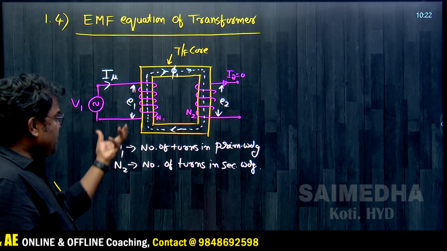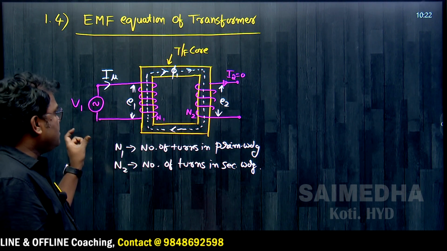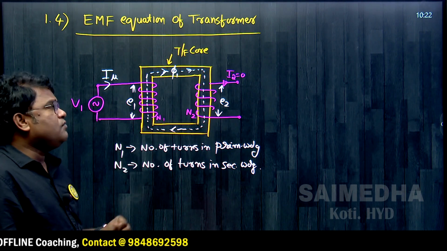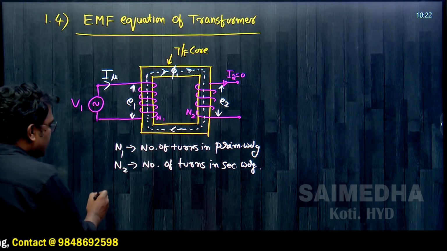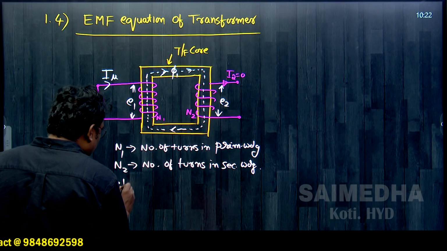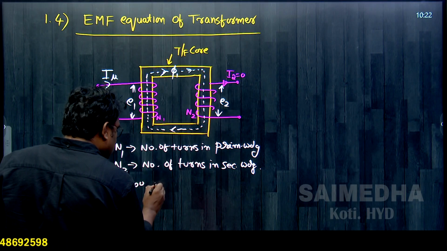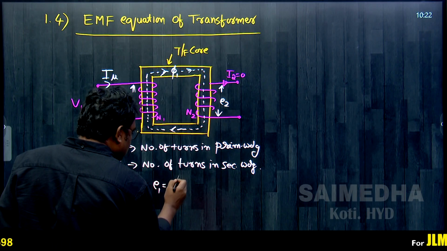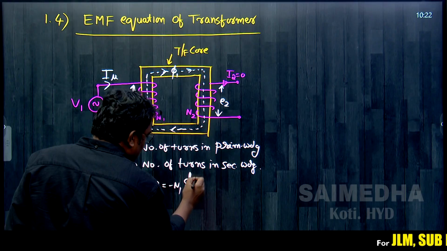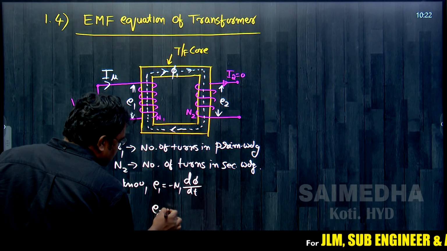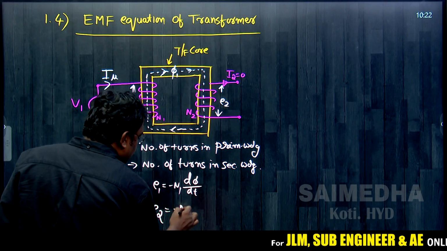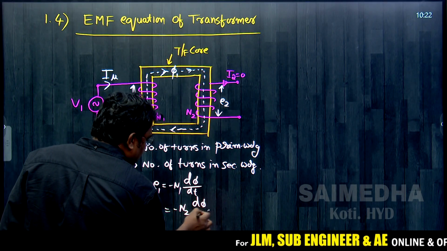We know the EMF equations: the EMF induced in the primary winding, E1, is equal to minus N1 d phi by dt, and similarly the EMF induced in the secondary winding, E2, is equal to minus N2 d phi by dt.